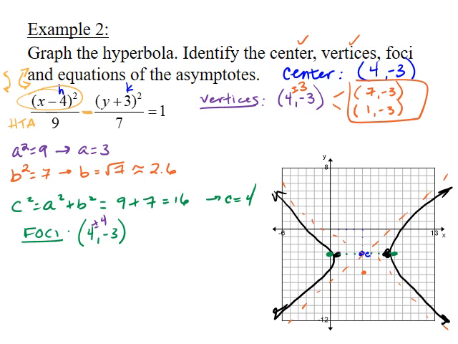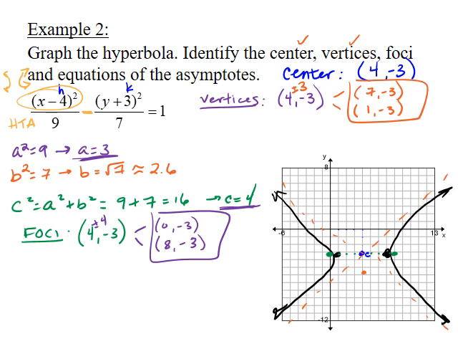Now, c better be bigger than a because it has to be inside the hyperbola. So my foci then are going to be 0, negative 3, and 8, negative 3.